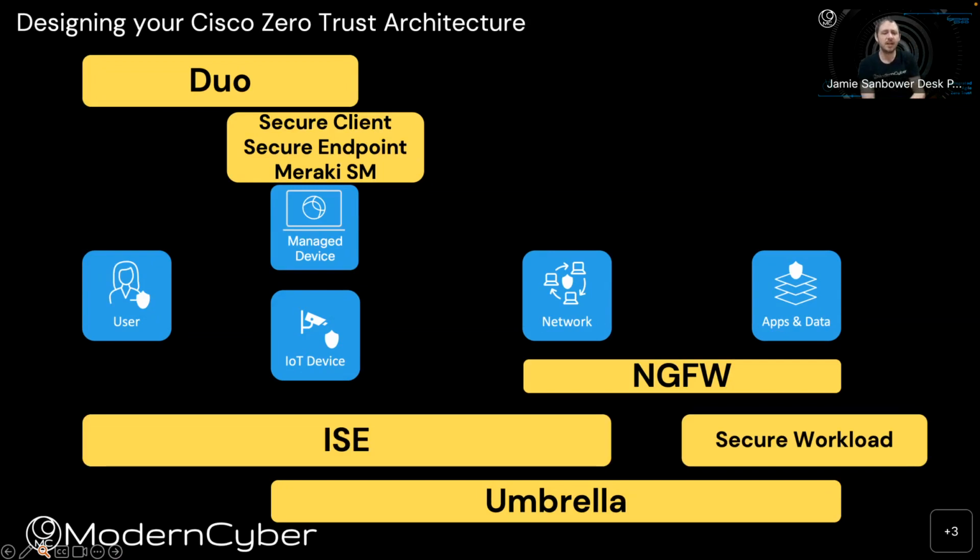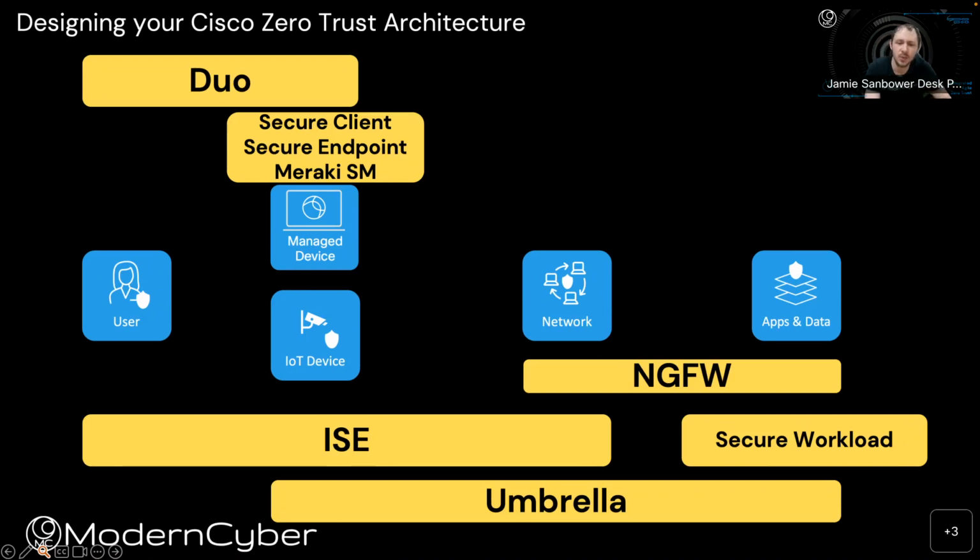Now, the last key components in this architecture are going to be ICE, which we talked about helps with user authentication, device authentication, and protecting access to wired, wireless, and VPN networks. And then on the flip side of that, with Cisco Secure Workload, we're able to provide protection of the apps and data.